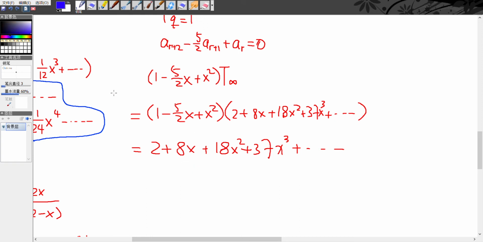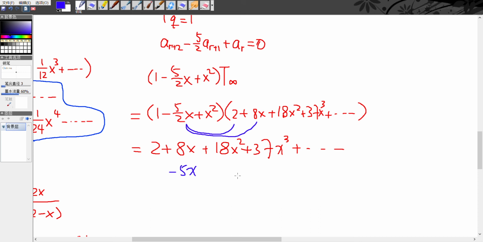Maybe I should use another color to distinguish between all the terms. So by multiplying those two, we will have, let me see.